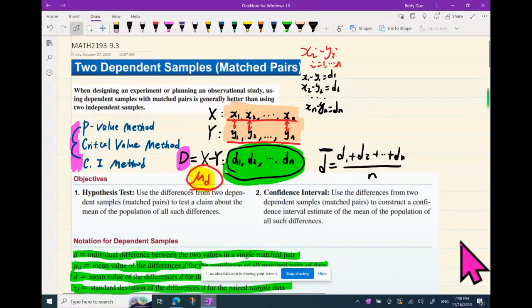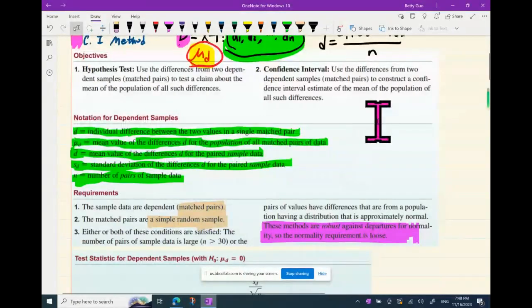Okay, so when we work on the Pearson assignments, they will state the 3 requirements and make sure that we are able to apply the p-value method, critical value method, and the confidence interval method to test the claim.